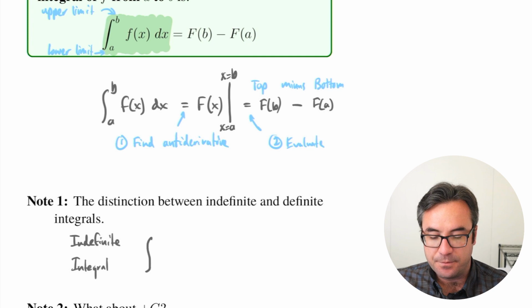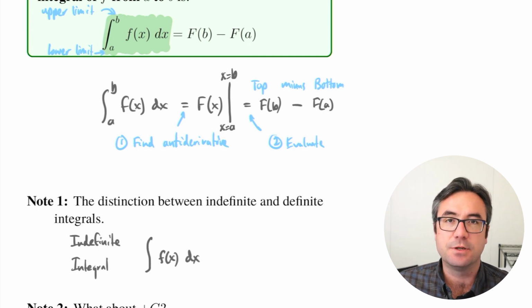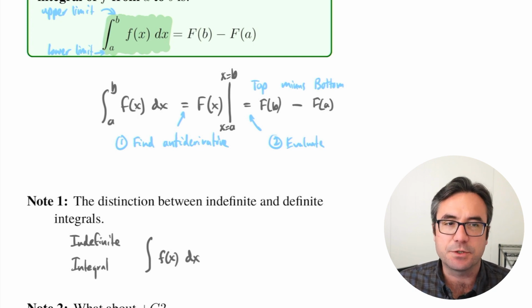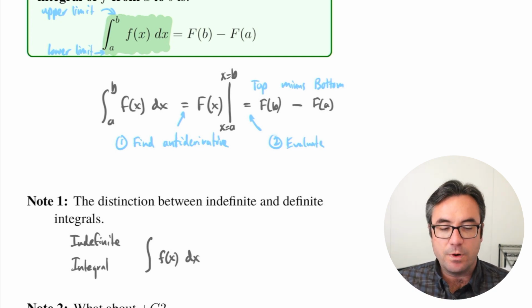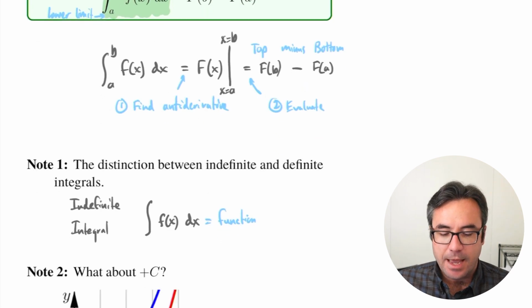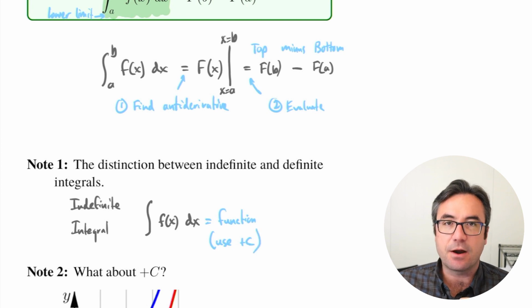We have an integral sign, a function we're integrating, and then our differential dx telling us what the variable is that we're integrating with respect to. And when we get our answer, the result should be a function. So there should be variables in there. And when we do this, we want to use plus c in our answer. Okay, so we've seen that before.